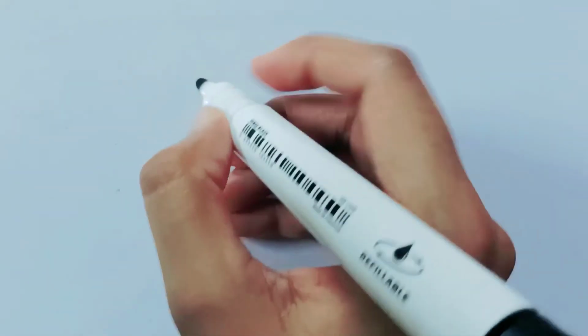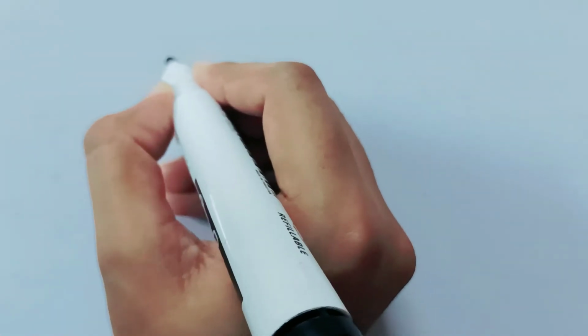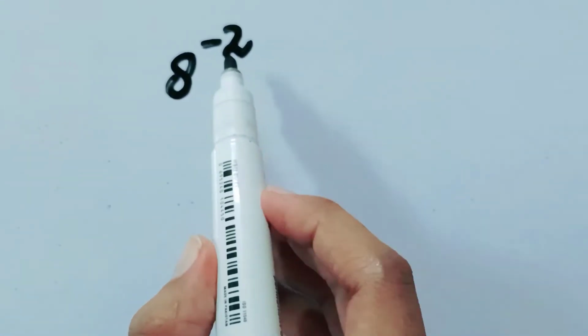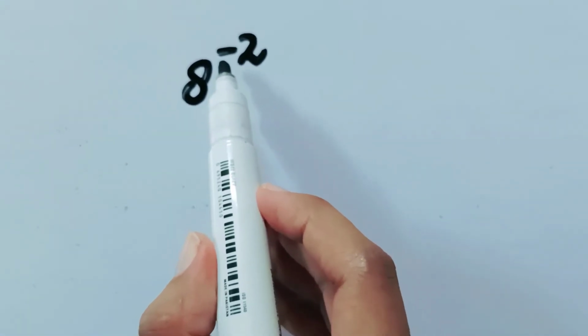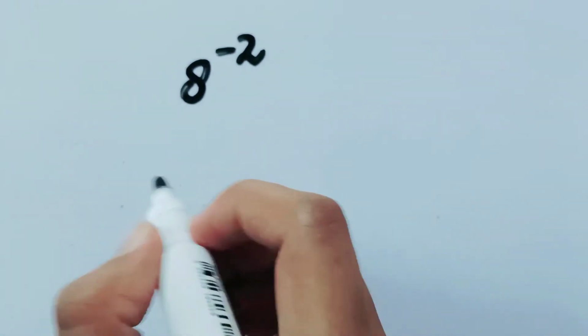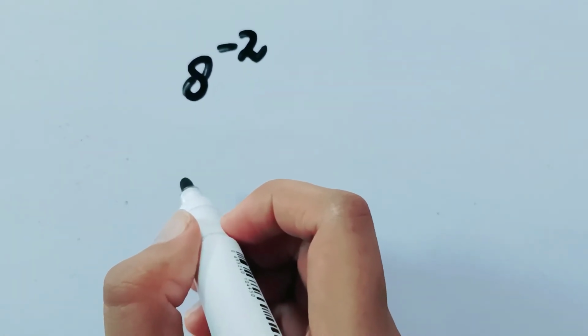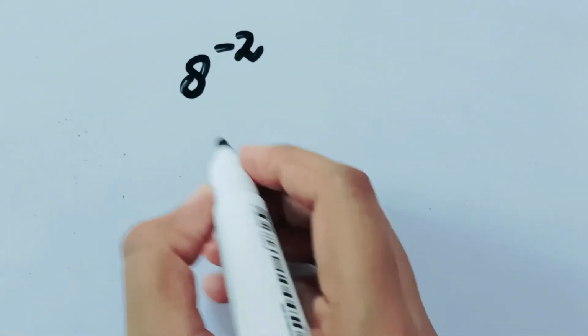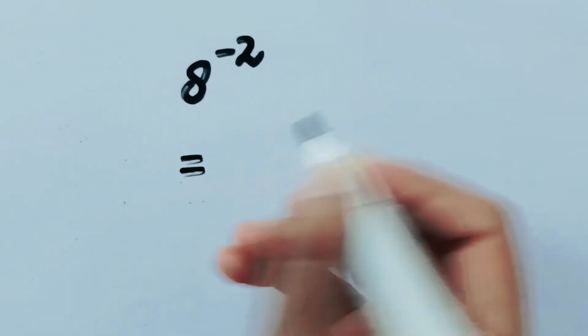The next law of exponent is negative exponent. For example, sometimes we have 8 raised to power minus 2. You can see our exponent has a minus sign. So if we have a case like this, then simply we will take its reciprocal, and we can say we will take its inverse. When we take the inverse, it will be like this.